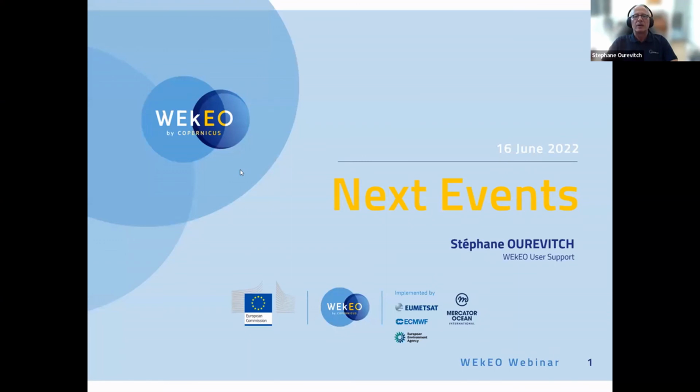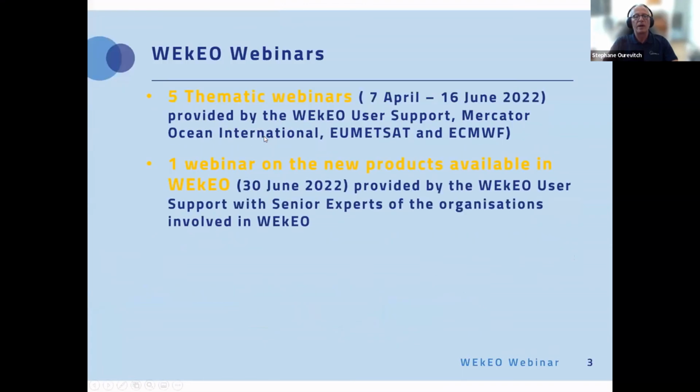So to conclude this webinar, I'll quickly run through the next events. In fact, there is only one event left on the 30th of June, at least from the ongoing series, and this one will be on the new products that are available in Wekeo.